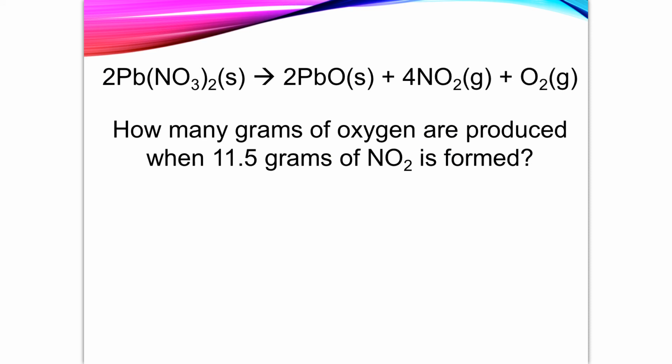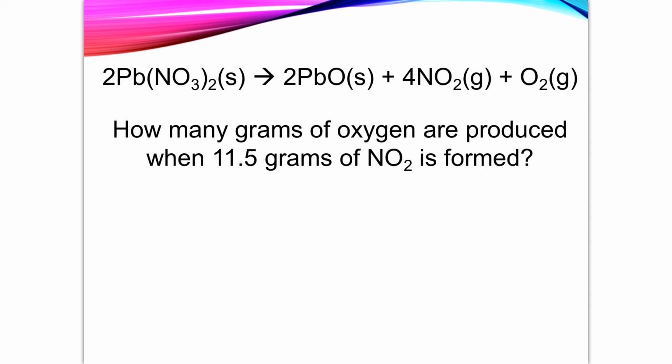So this problem is going to be done by you to check for understanding. Now there are two ways that you can do the problem. You can do the problem as we just taught you with the one continuous process where the whole calculation is done at once, going from grams to grams.